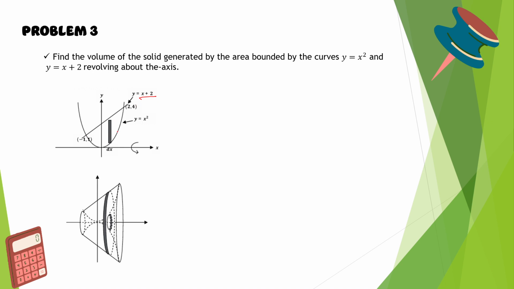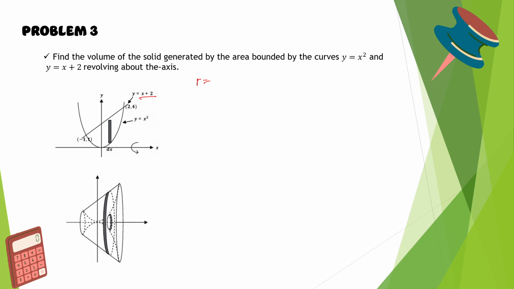If we're going to take the vertical stripping here, that is from the change of dx. So using the vertical stripping, what is our r here?